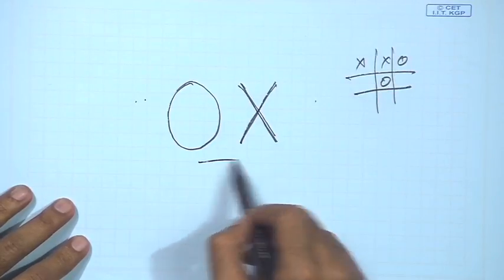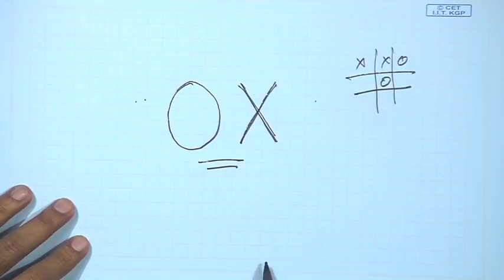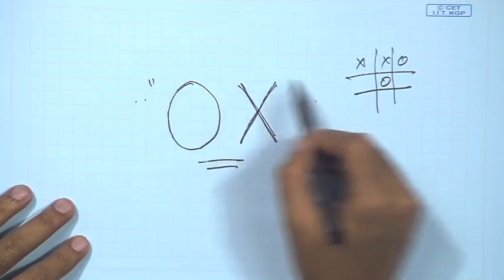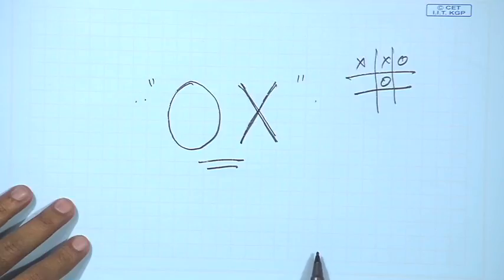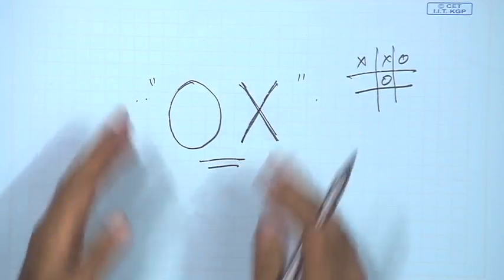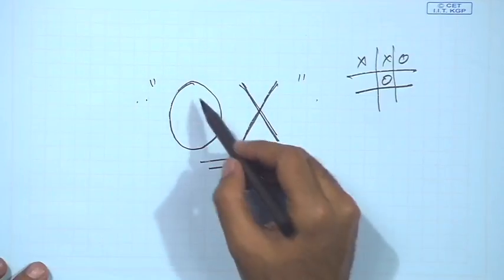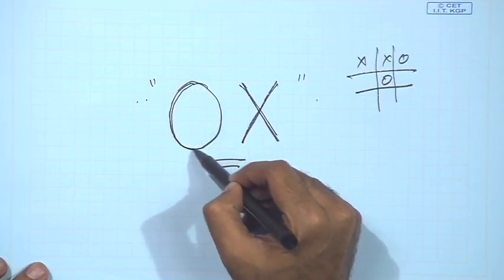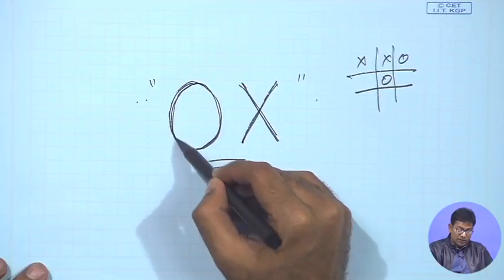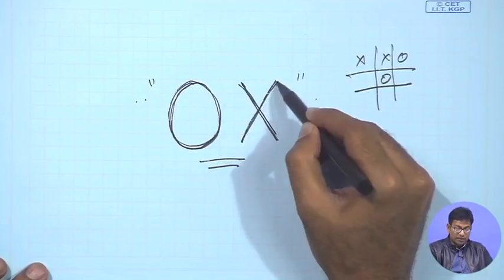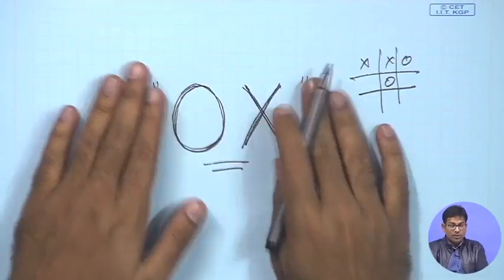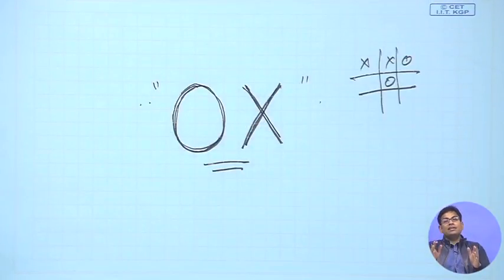Is it out of that, or is it a word? Is it ox? So in this particular case, let us take an example that this is ox, right? But mind it, we have used one figure and then another figure, and together they have created a sound which is ox.